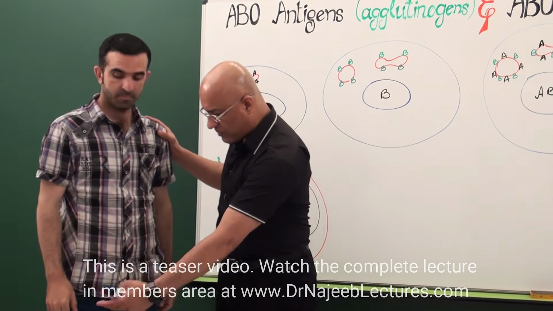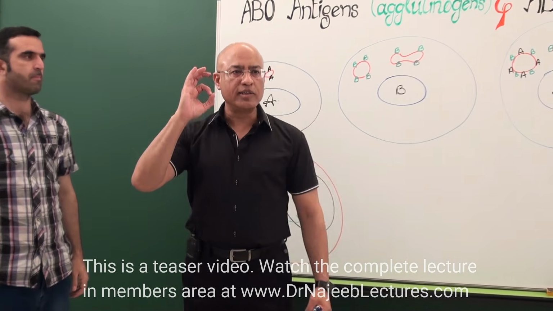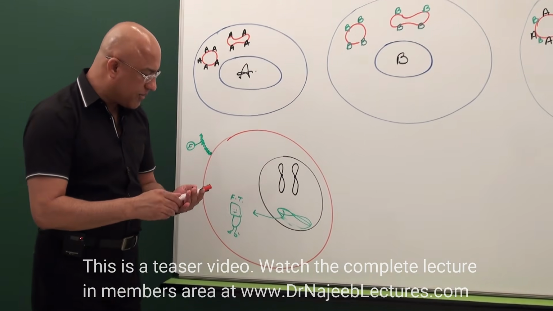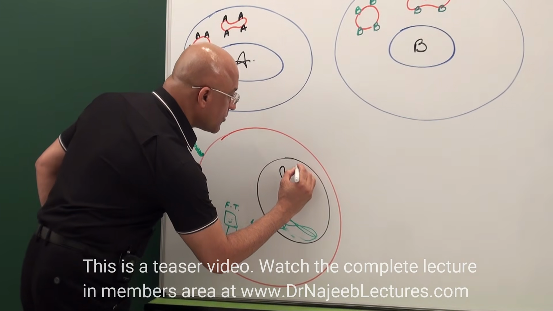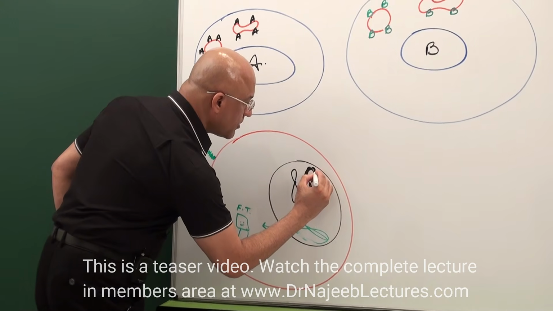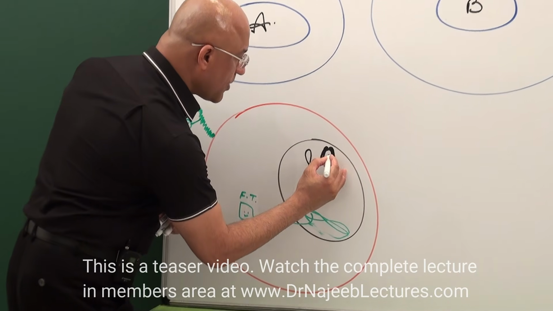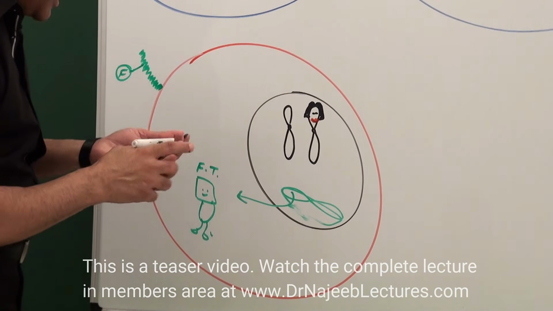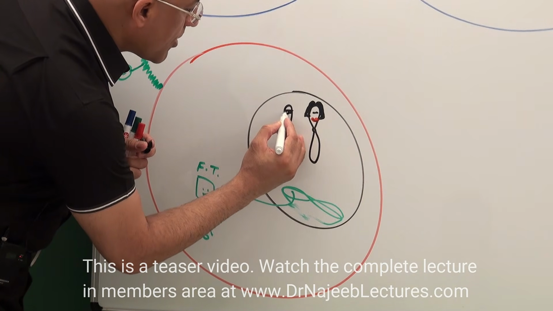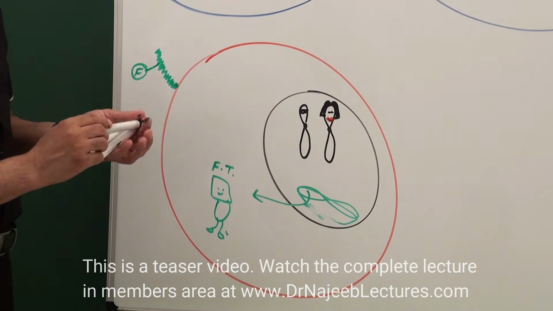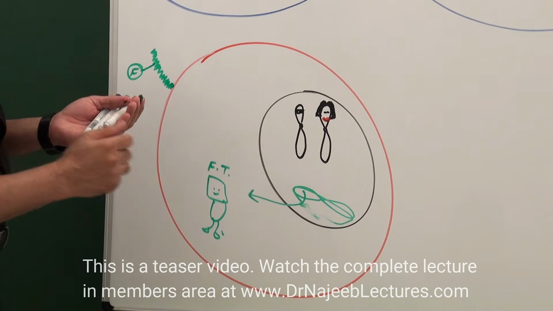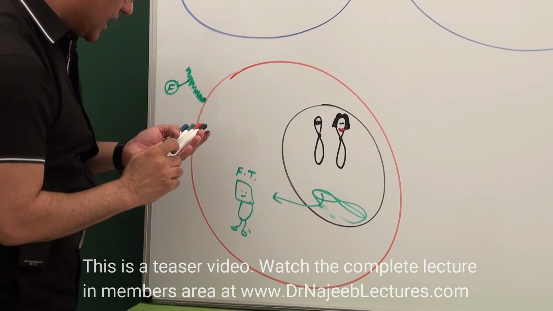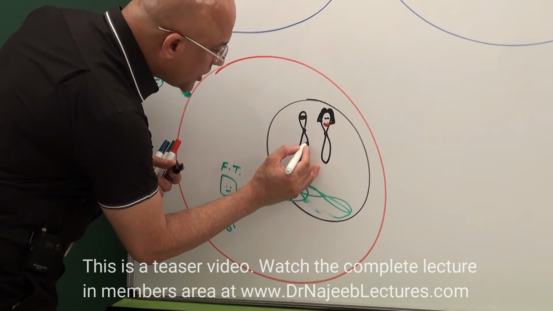Now what is happening in his erythrocyte precursor cell, chromosome number 9, one which came from mother, this is the maternal chromosome, and the other came from father, right? These two chromosomes, at a special locus on the long arm of chromosome number 9, have a gene.